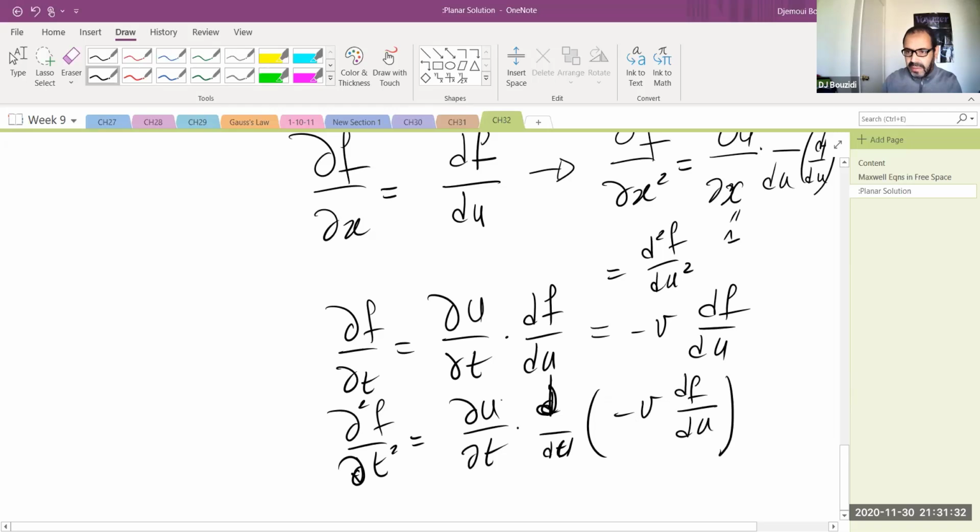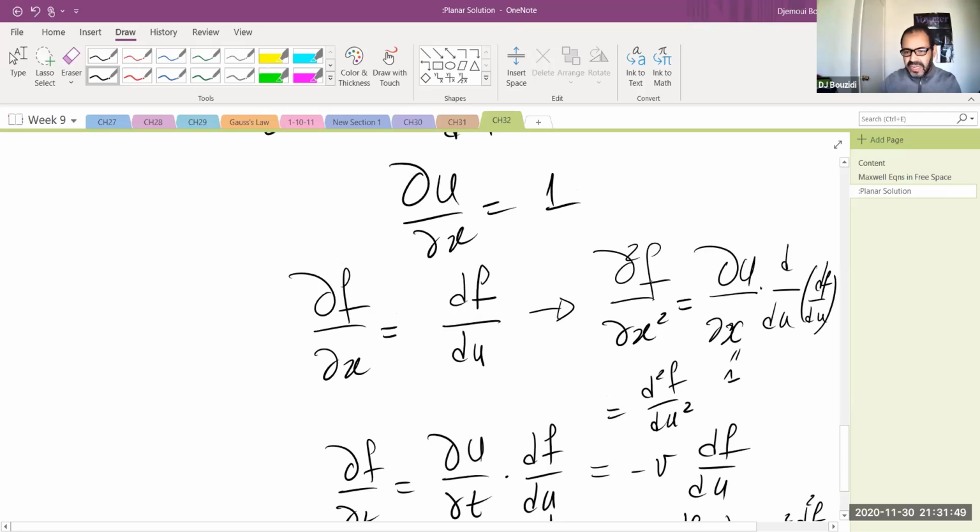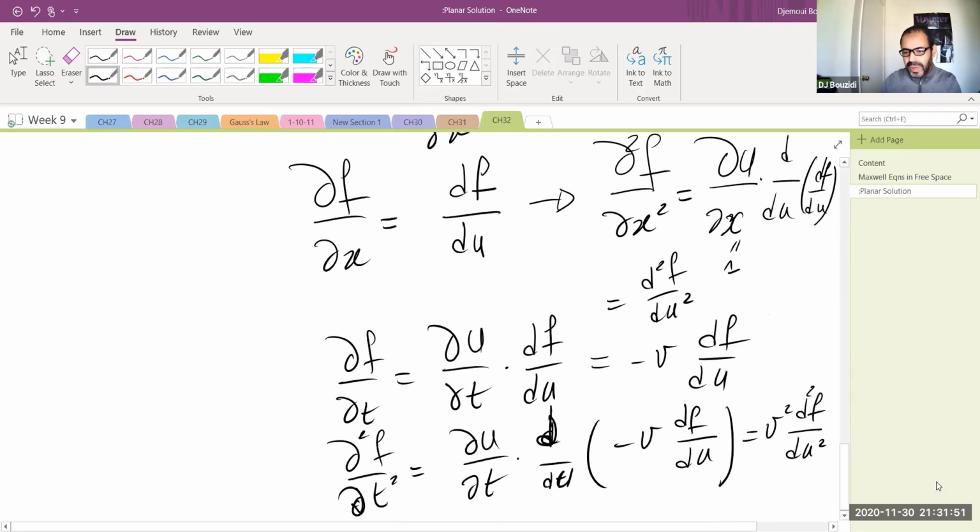The minus v comes out to the other side. This would pull another minus v. Minus v times minus v is going to be v squared. So this is going to give me v squared times the second derivative with respect to u. And this is exactly the second derivative with respect to x.